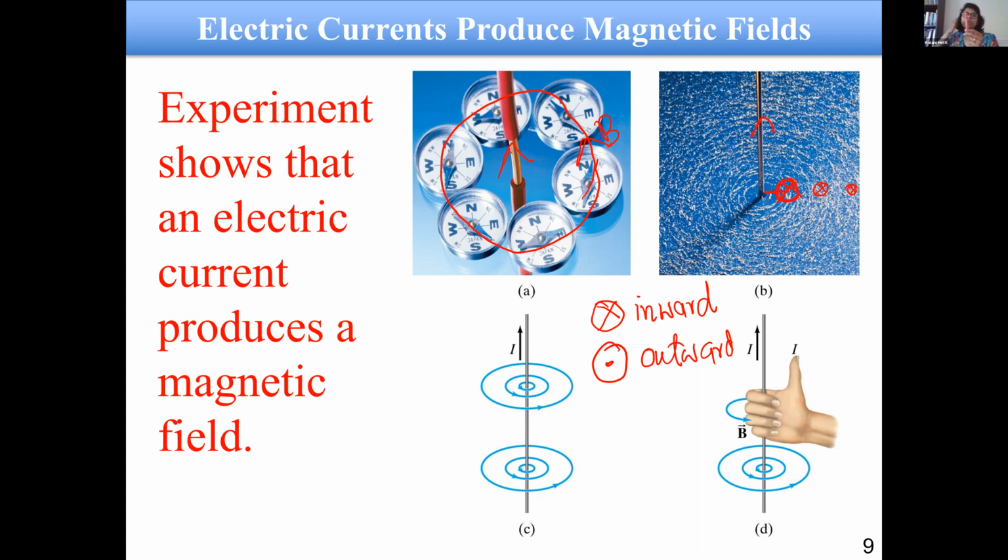That means the magnetic field goes this way, coming back this way, and around the wire. The important thing is that the thumb should be pointing upward, the current direction. If the current is going downward, you point the thumb downward, then grab the wire. That will be the clockwise direction. So make sure that you follow that rule. We call it the right hand rule, one of them.